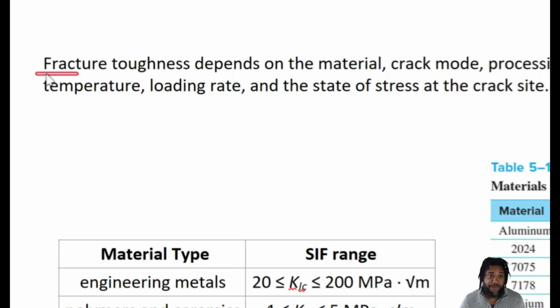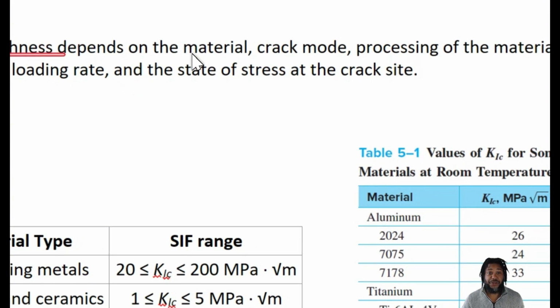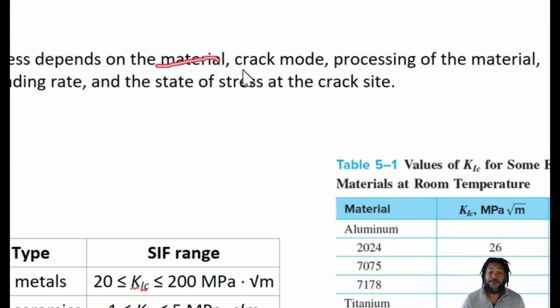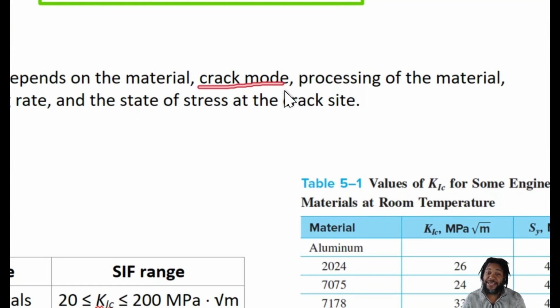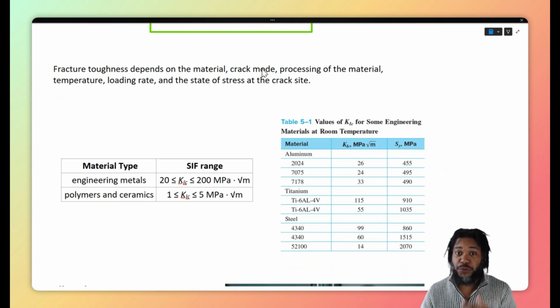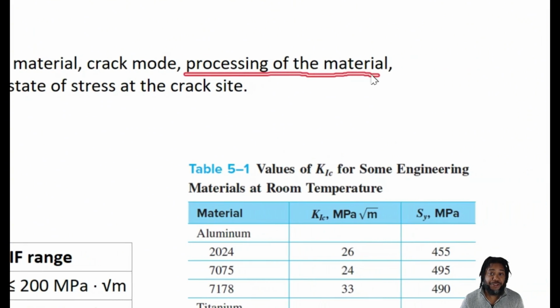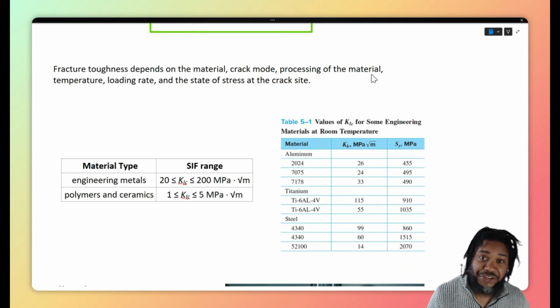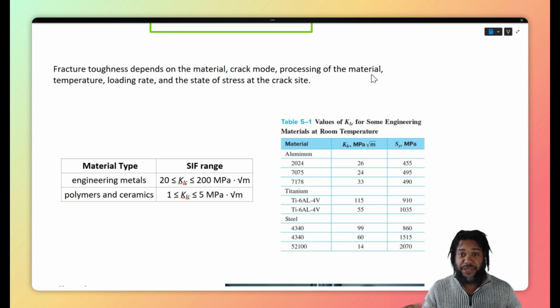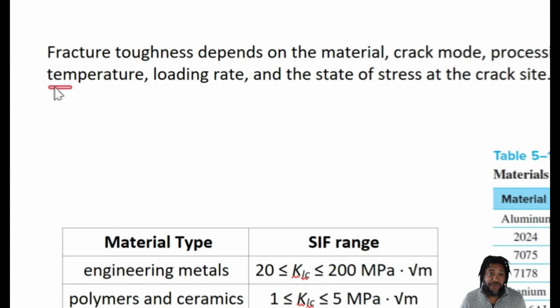Well, fracture toughness, that material property, depends on, of course, the material itself. It can depend on the cracking mode, if it's mode 1, 2, or 3. It greatly depends on how we process the material. Did we heat treat it or age it? Did we HIP it to change the microstructure, which leads to performance? It can depend on things like temperature.